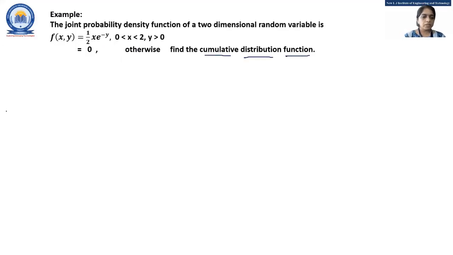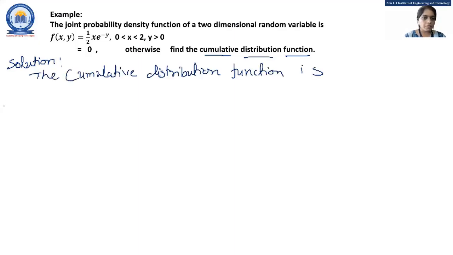Solution: the cumulative distribution function is given by F(x,y) equal to the integration from minus infinity to y and from minus infinity to x of f(x,y) dx dy.